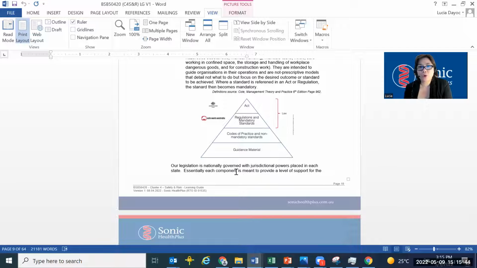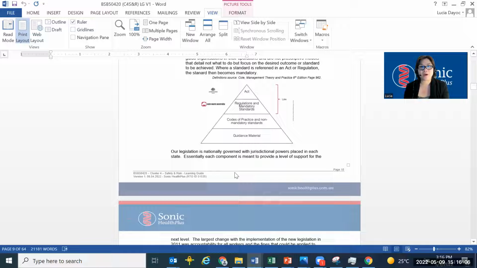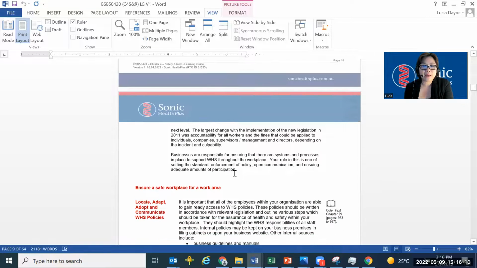The more you know and study the act, the more you understand why certain guidelines, policies, and procedures have been developed. It's important, so you'll be able to connect and relate. This is why we've got this code of practice, because this is what the act is requiring us to do.